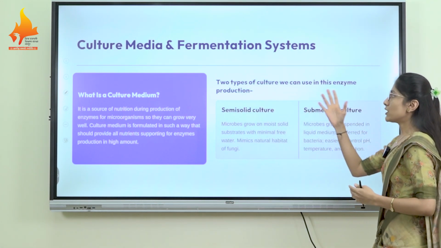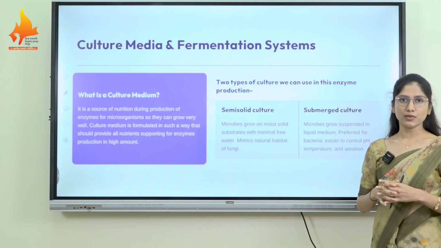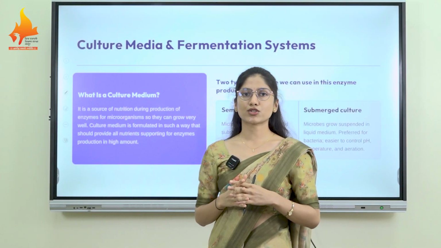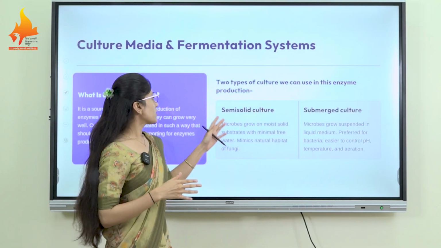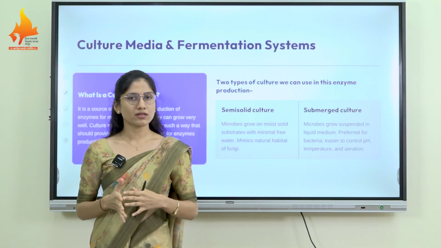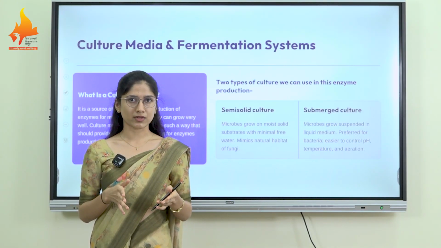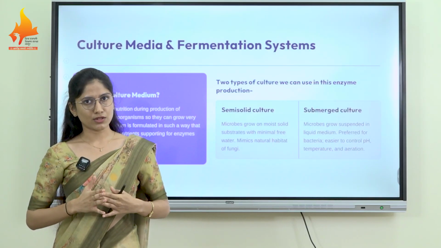Two types of cultures we can use in this enzyme production process. The first is semi-solid culture, and the second is submerged culture. The semi-solid culture is prepared with agar at a concentration of 0.5% or less. It has a soft custard-like consistency.